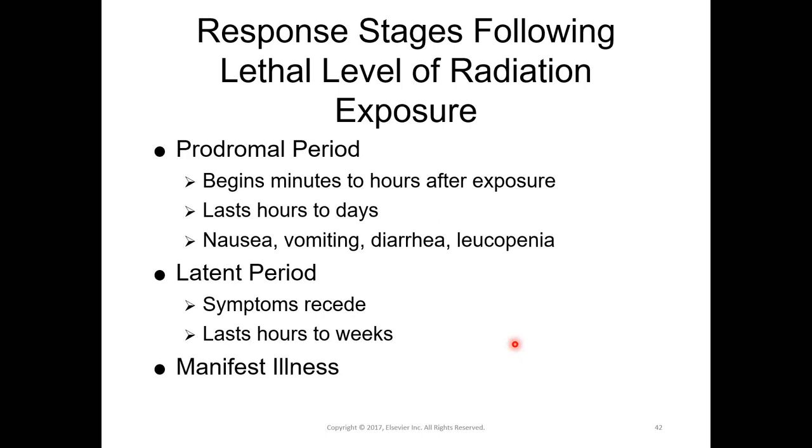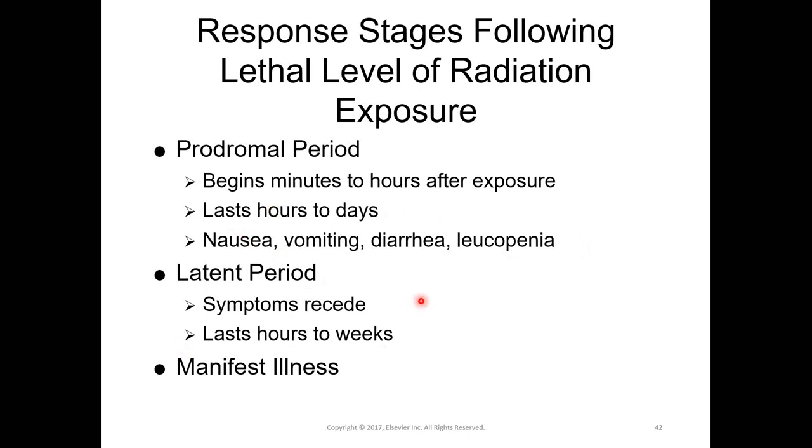There are those three stages that you had to discuss in your objectives, and we also discussed in class, and that's your prodromal, your latent, and your manifest. During your prodromal, it usually happens within minutes, so immediately following irradiation to hours after the exposure. It can last for hours to days, and it's mostly characterized by nausea, vomiting, diarrhea, and leukopenia, which is your leukocyte count is down.